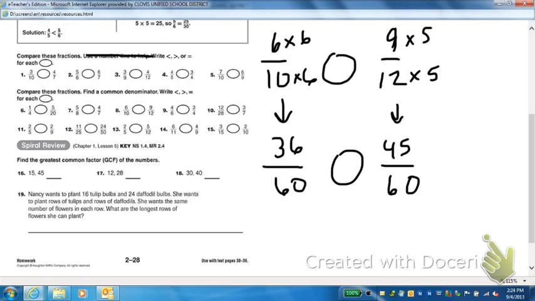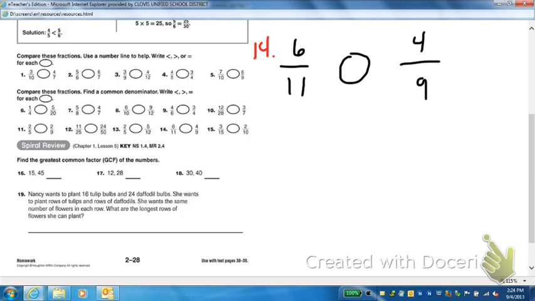So this comes out to 36 over 60 and 45 over 60. Again, we look at the numerator, and 36 over 60 is less than 45 over 60. So 6/10 is less than 9/12.